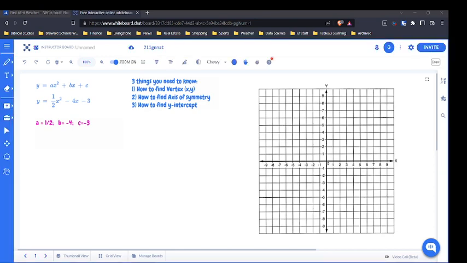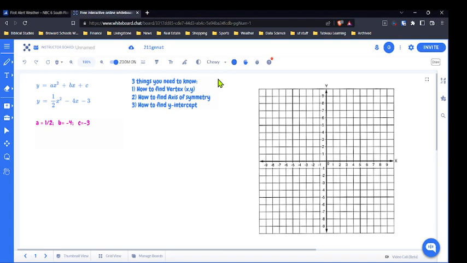Now let's find the vertex. The first thing you need to know is the vertex is a coordinate pair. I'm going to write it first as x comma y, and then we're going to find first the x, and then we can find the y.